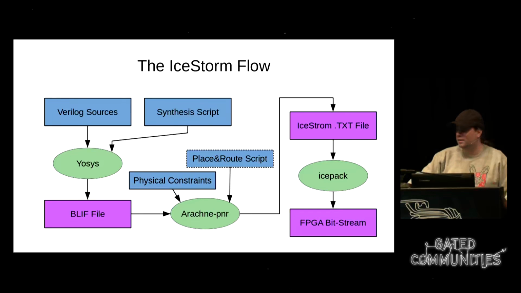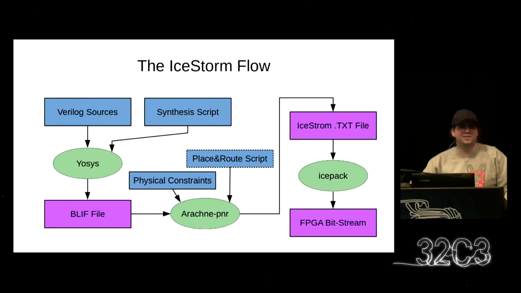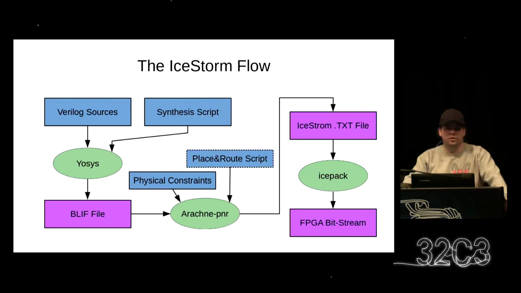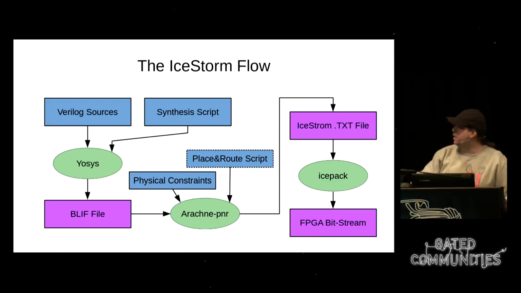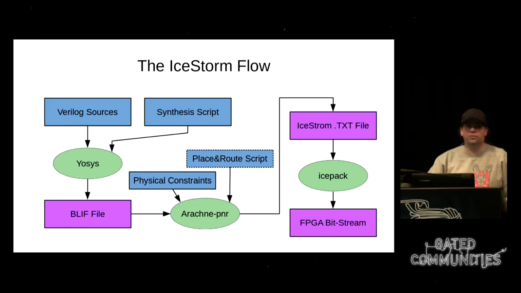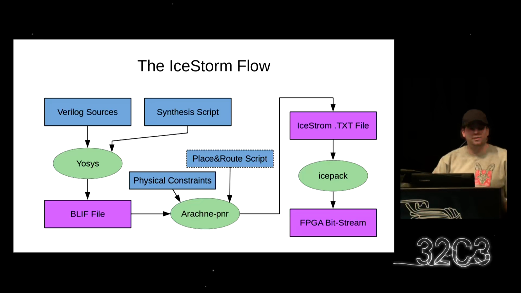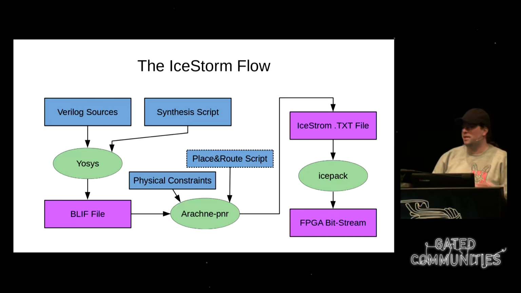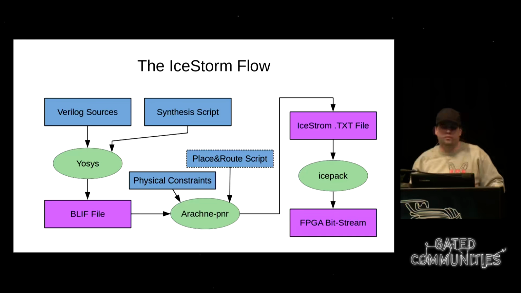BLIF is a very simple netlist format, and it's one of many formats that Yosys supports as backends. We've made some extensions to the BLIF file format to enable the use of additional attributes on cells and parameters, which is quite useful when you do, for example, FPGA synthesis and would like to have the LUT configuration as part of a cell instantiation as a kind of parameter.